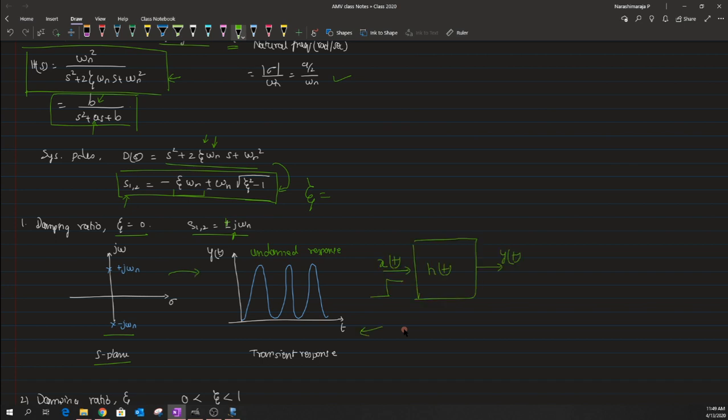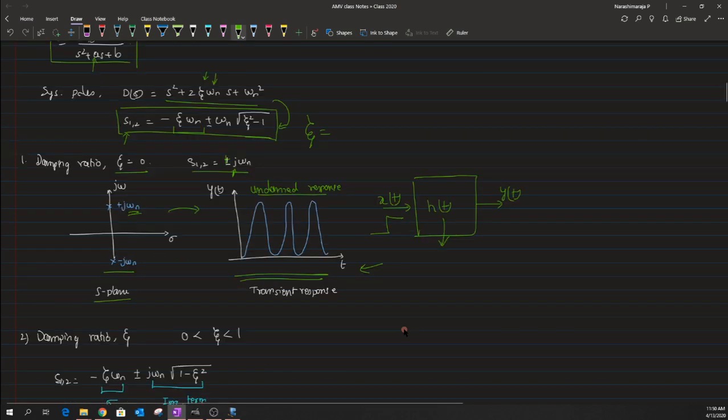And that behavior is what is being shown over here. Now you can see, just because the system poles of h of t lie on the j omega axis, it has an output which oscillates at a particular frequency defined by the natural frequency omega n. At that particular frequency the output would oscillate, and we call this response an undamped response.